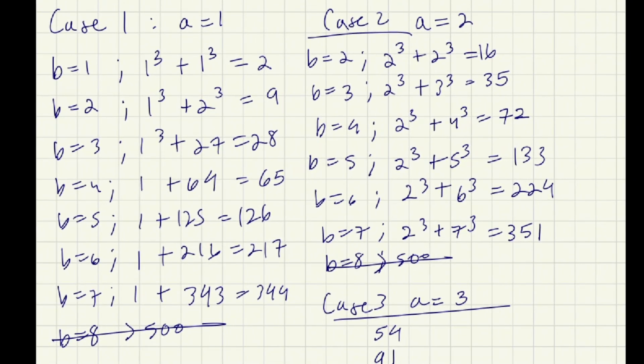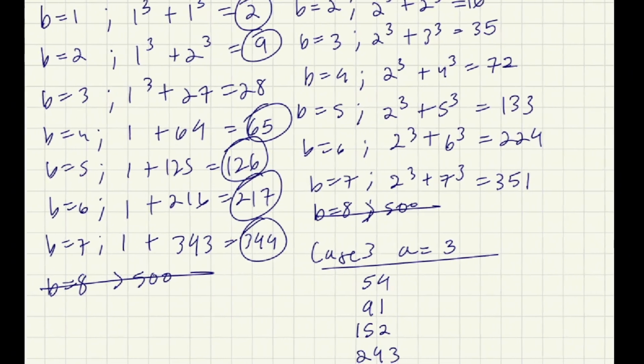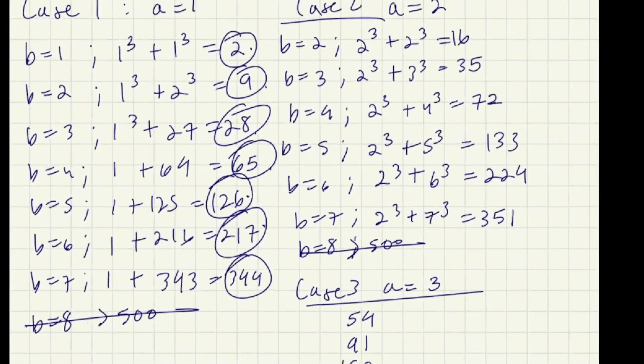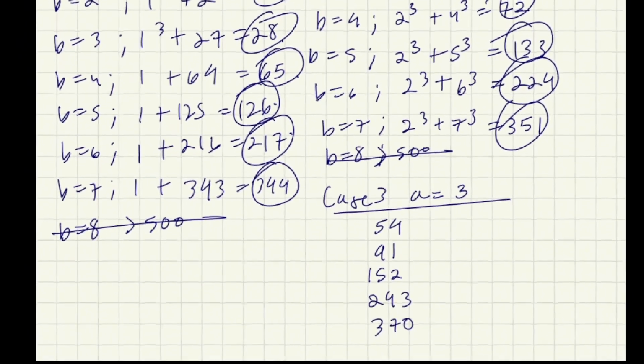For our first case, we have 2, 9, 28, 65, 126, 217, and 344. So these are 1, 2, 3, 4, 5, 6, 7: 7 unique solutions for case 1. For case 2, we have 1, 2, 3, 4, 5, 6: another 6 solutions.